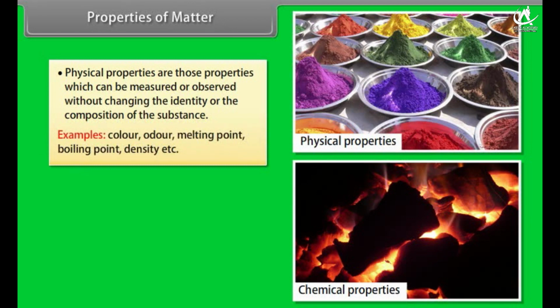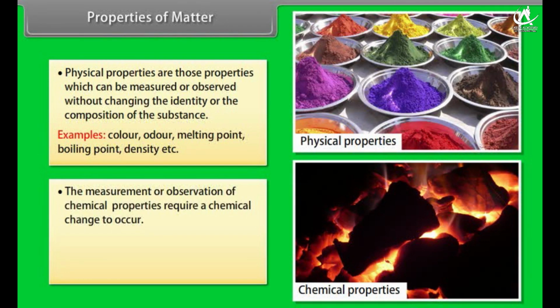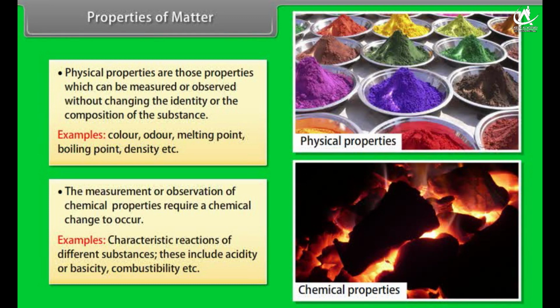Examples: color, odor, melting point, boiling point, density, etc. The measurement or observation of chemical properties require a chemical change to occur. Examples: characteristic reactions of different substances. These include acidity or basicity, combustibility, etc.